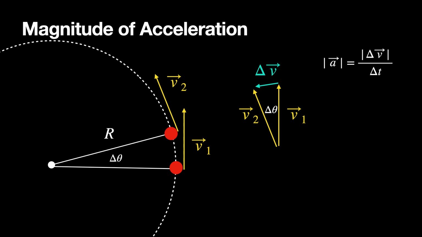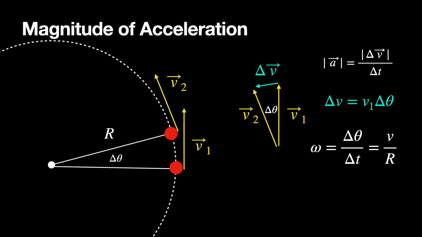If delta theta is really small, then delta v is the arc length. Okay, if you make it a really big theta there, then the delta v is not the arc length. But if you use the arc length, then I can find the value of delta v. It's just v1 or v2, it doesn't really matter, they're the same length, times delta theta, where theta would have to be in radians. Okay, that's just the arc length formula.